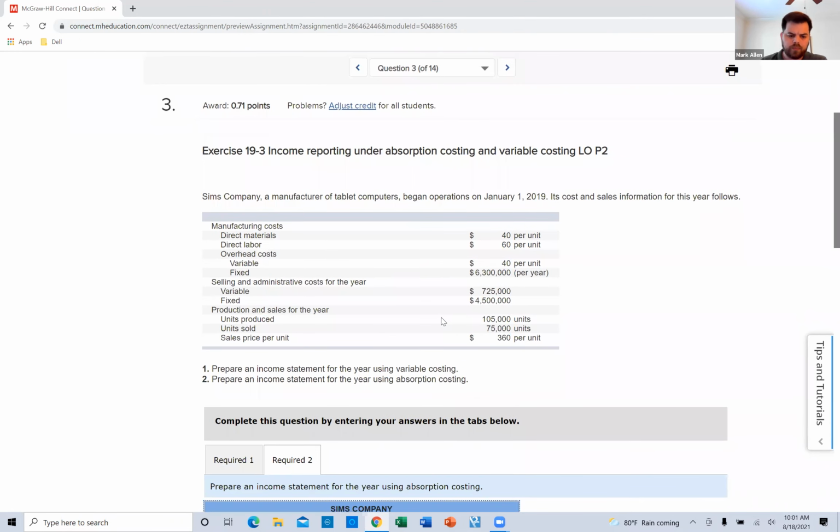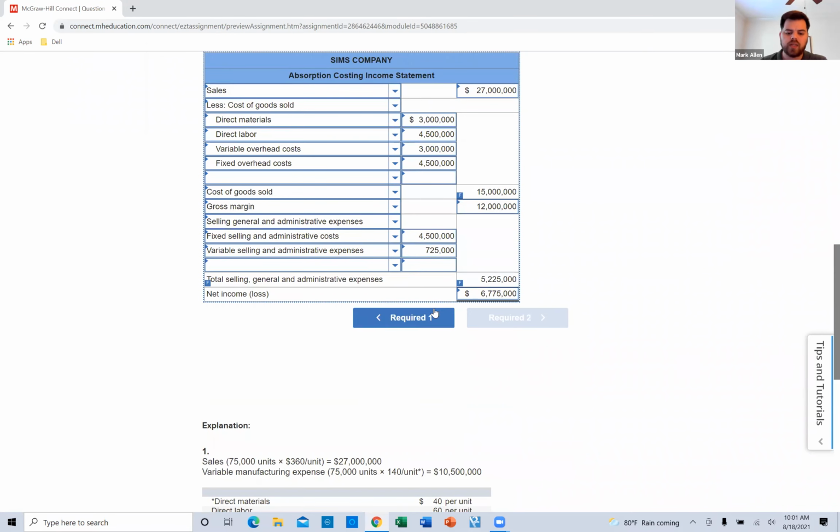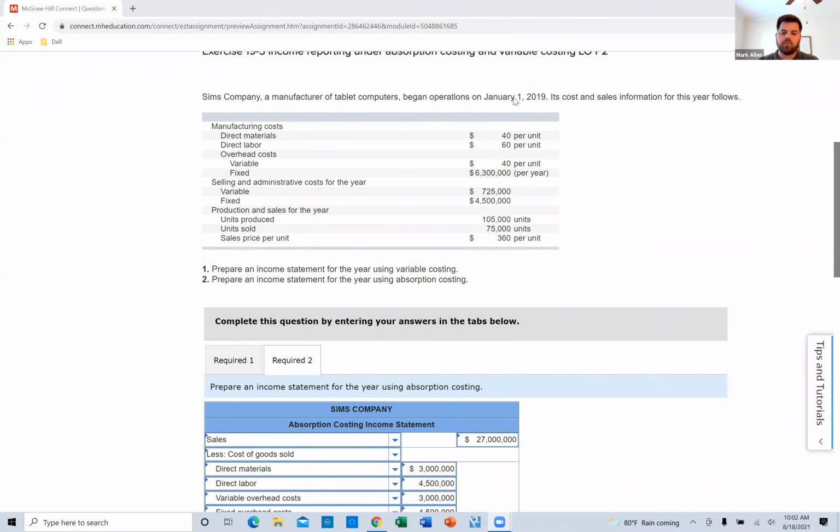So we come up here and we see that we've got this $4.5 million. And the way that we got that, of course, is by simply taking this $6.3 million that we have right here as our total fixed overhead, so $6,300,000, dividing that by our total number of units produced, and that gives us a fixed overhead rate of $60 per unit.